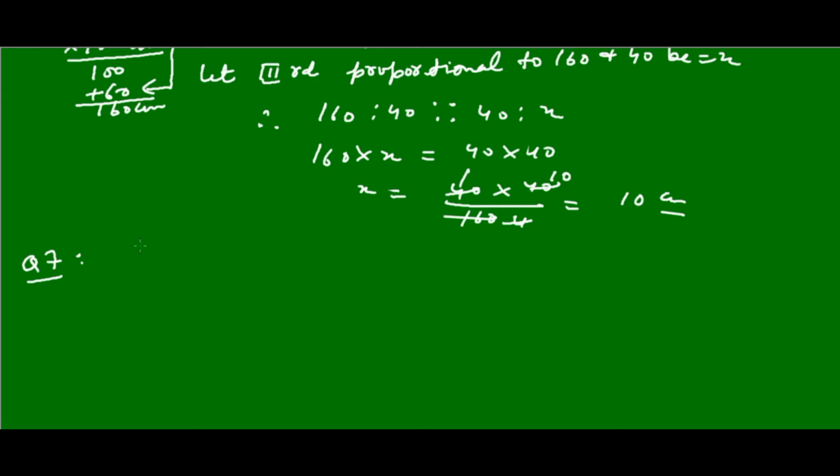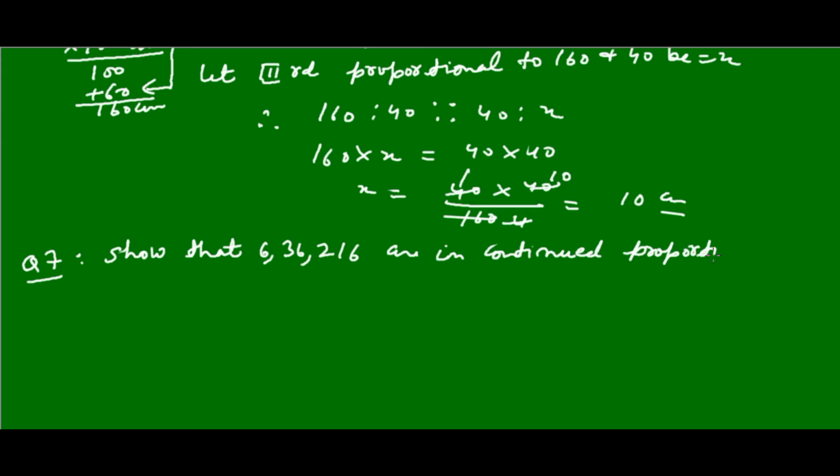Now I am going to solve question number 7. Question number 7 is: show that 6, 36 and 216 are in continued proportion.